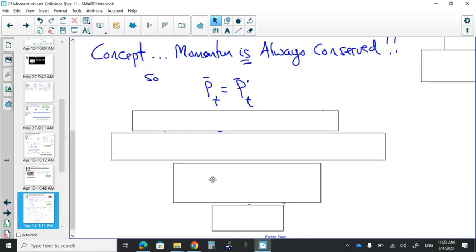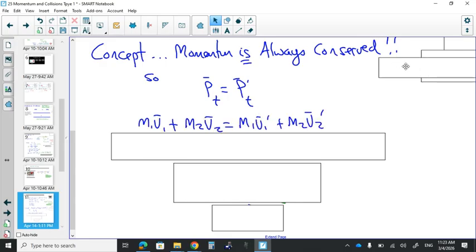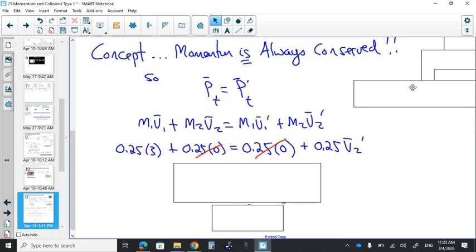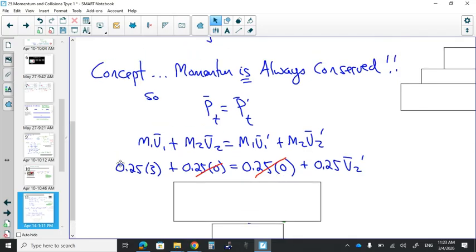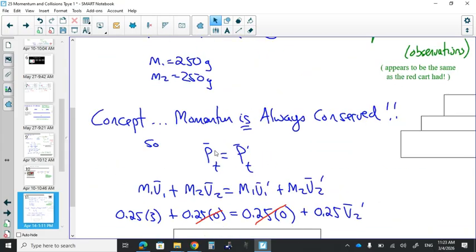Momentum is conserved, so initial equals final, m1 v1 prime and so on, right? And so we have whatever the masses are, it doesn't matter, it could be 1 or anything. This just makes it so the momentum is not 3, instead it's a quarter of 3, so 3 quarters, 0.75. And then we have the initial velocity of one of them was 0.